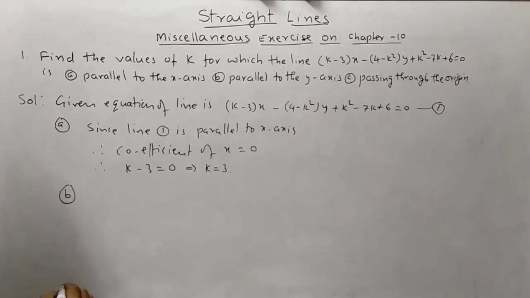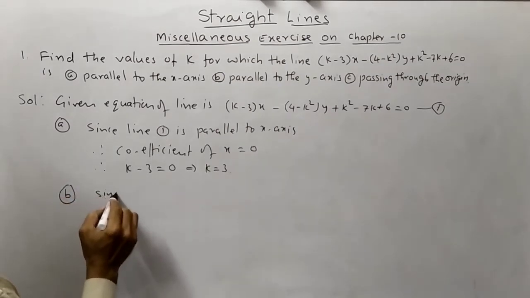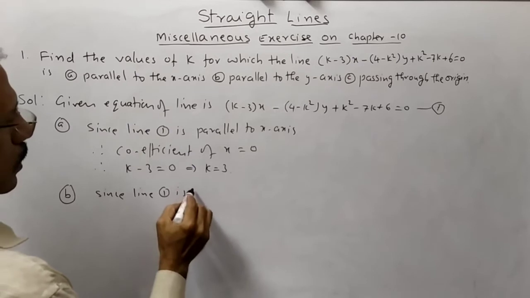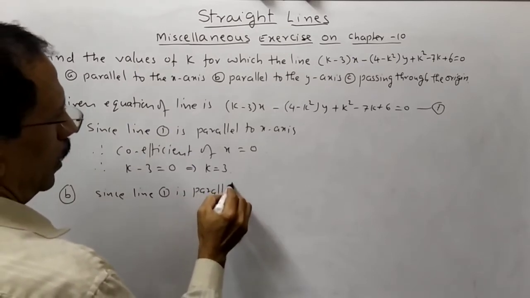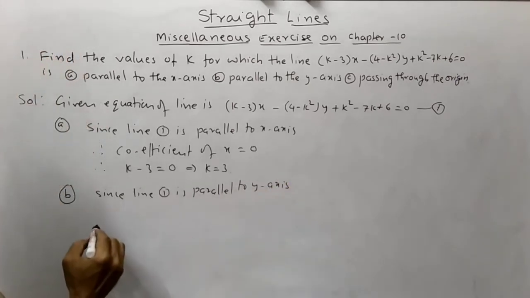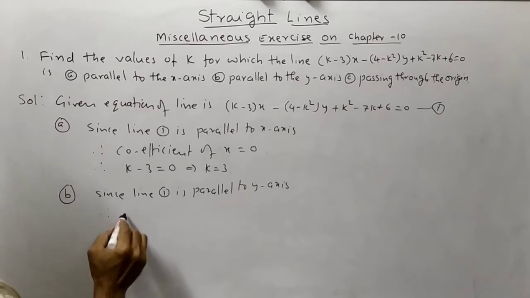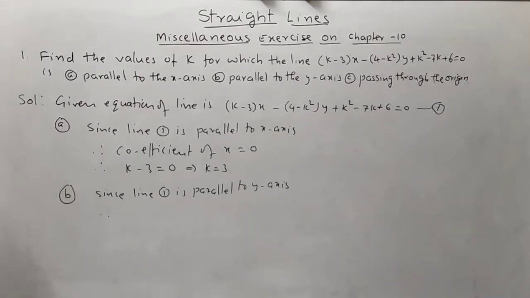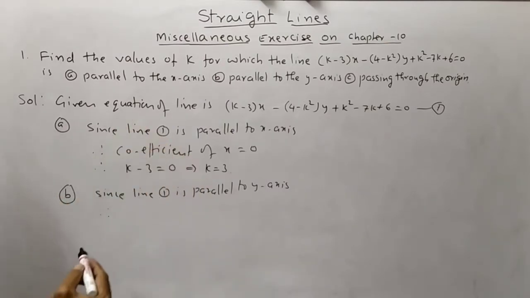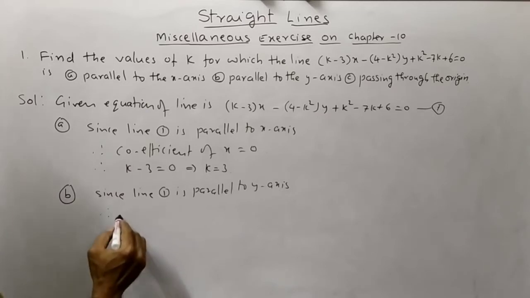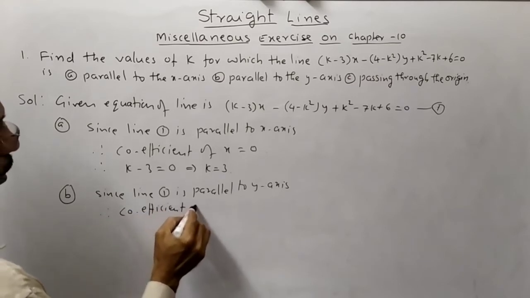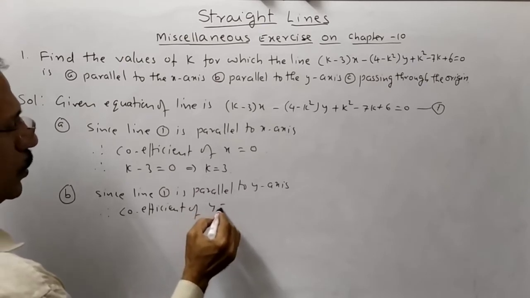B. Since line 1 is parallel to the y-axis, therefore the equation will be in the form of x is equal to something, therefore coefficient of y is equal to 0.